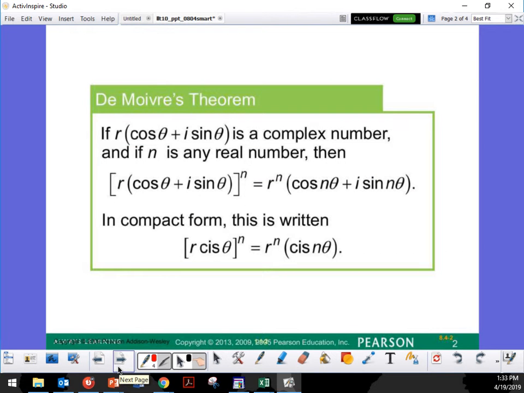Alright, so, De Moivre's theorem: if r cos theta plus i sin theta is a complex number, what is a complex number? With i, right? Where there is an i, okay? And if n is any real number, then if we take it to a power, we could put that power right here, and right here.